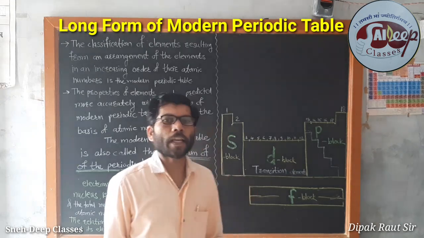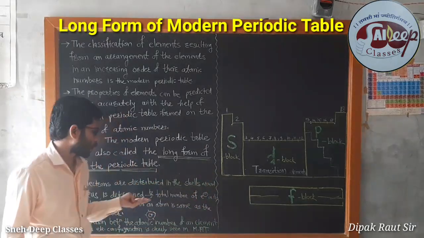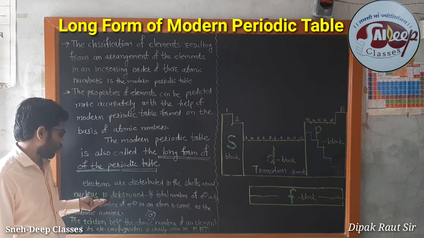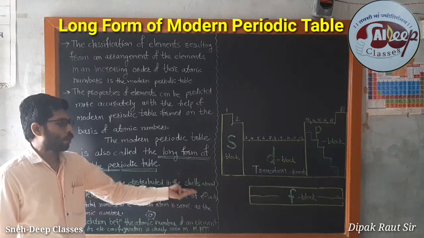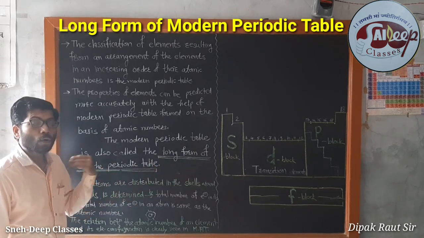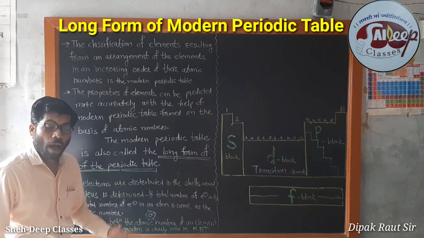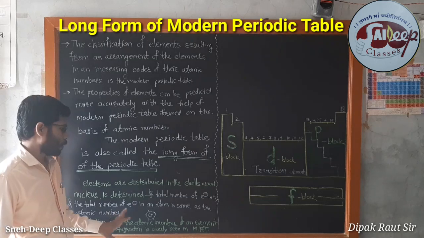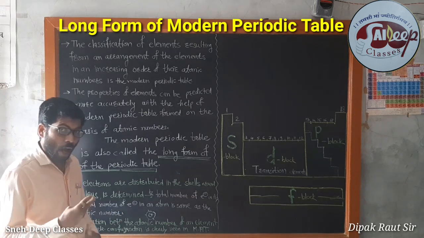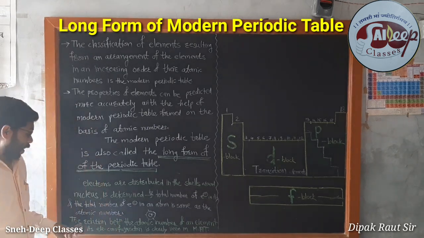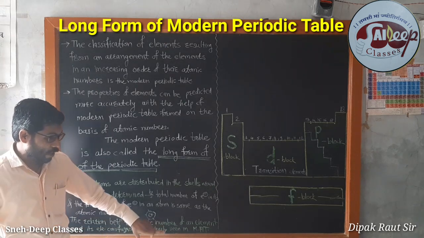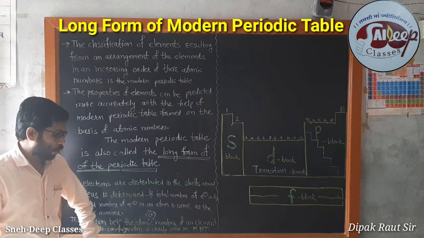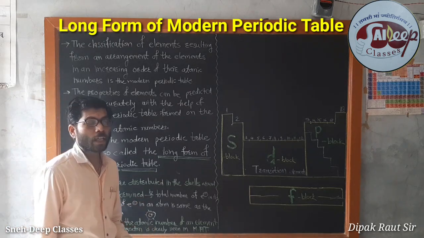But until then the discovery had not been made. Now, after the discovery, this concept has come that electrons are distributed in the cells around the nucleus, determined by the total number of electrons in it, and the total number of electrons in an atom is the same as the atomic number.